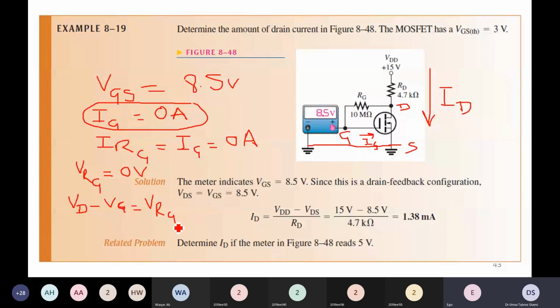Is this statement correct or is it false? That is correct. So in our case, VRG is set to 0. Therefore, we have a new equation that VD is equal to VG.